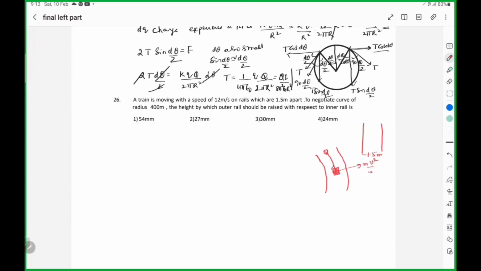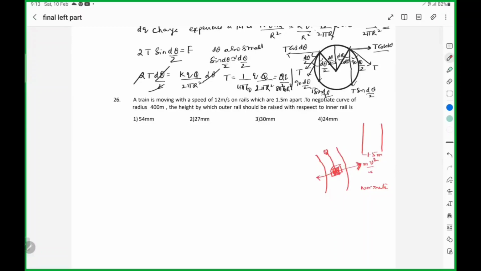Suppose a person is inside the car and the car is moving, so it is a non-inertial frame. Once it moves in a circular path, definitely some inward force is required, that is centripetal force. A person in the non-inertial frame feels that some force is acting, that is centrifugal force. Because of that force, it skids outwards.